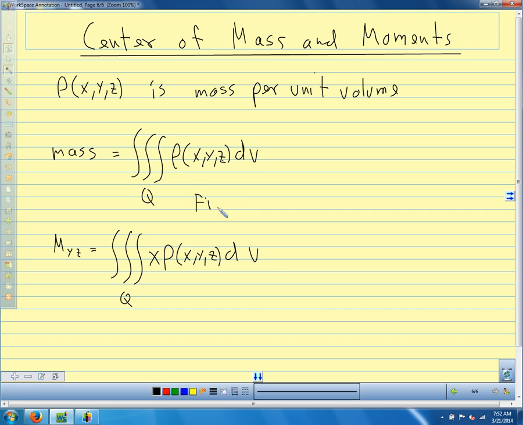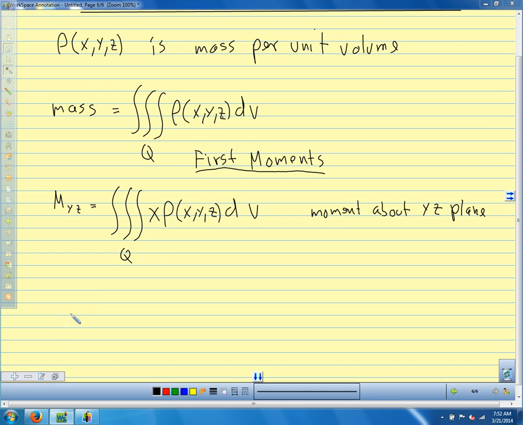This is our first moment, our moment about the YZ plane. So we defined a moment as the mass times its distance from an axis. Well, here our axis is the YZ plane. We're weighting this by its distance from the YZ plane.